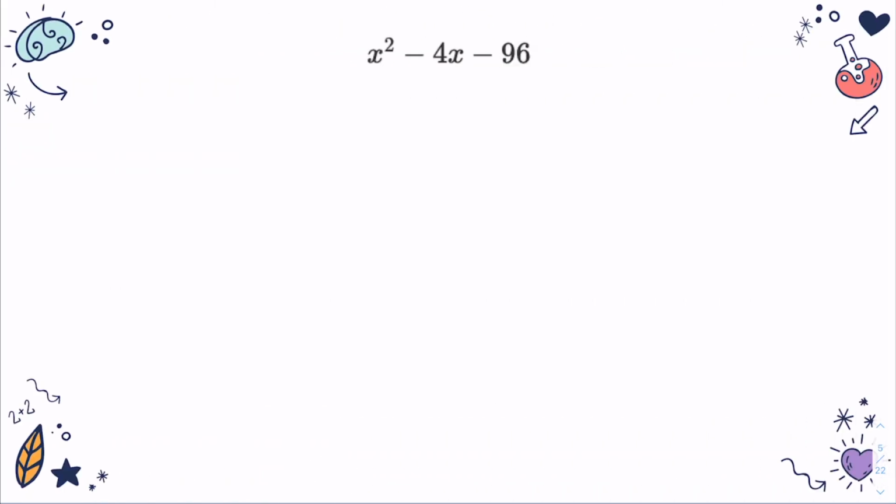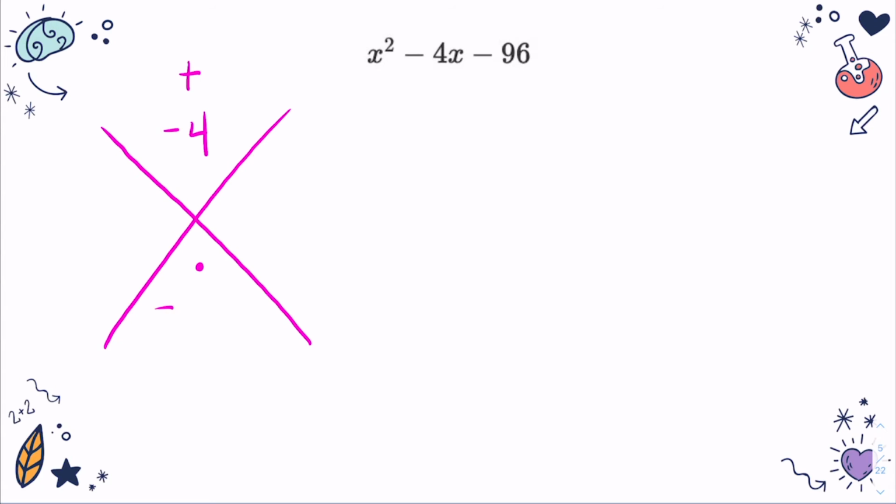Looking at our next example, x squared minus 4x minus 96. So since a equals 1, we're trying to find two numbers that add to give us negative 4 and multiply to give us negative 96. So we can go through those factor pairs, making sure the larger number of our factor pair takes the negative sign.